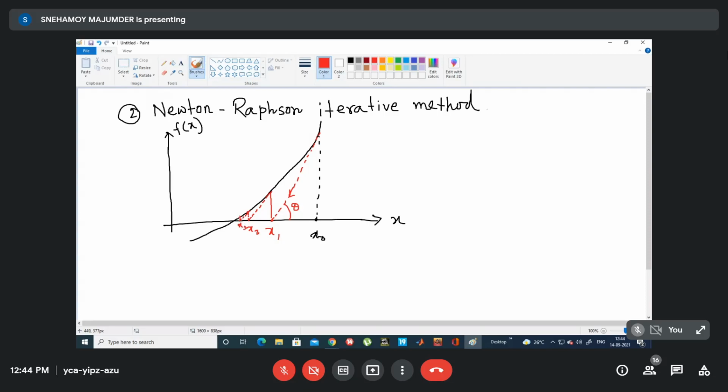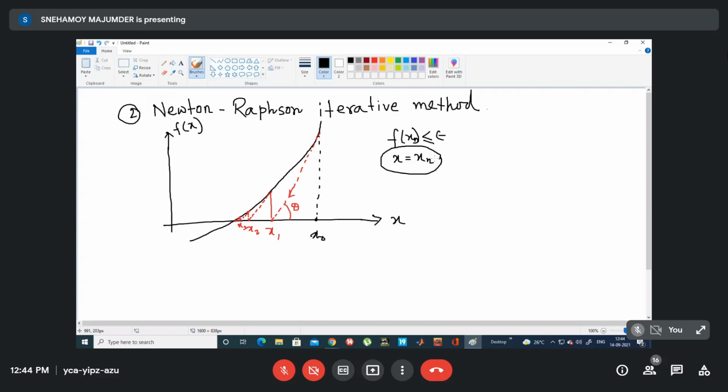In this way, finally x1, x2, x3, x4, when f(x) is becoming less than any pre-assigned value epsilon, then x equal to xn is my solution. This is called the Newton-Raphson method.